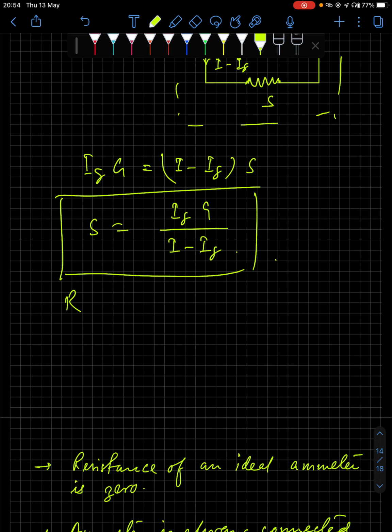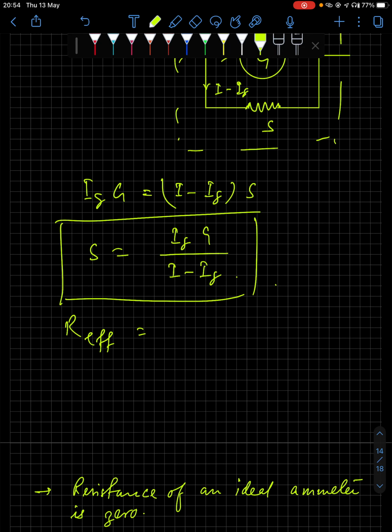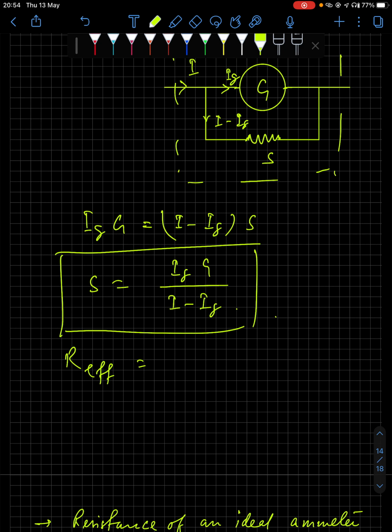After having the value of the shunt, what is the effective resistance? Since this is a parallel circuit, the relation is 1 by R equals 1 by R1 plus 1 by R2, and R equals R1 R2 divided by R1 plus R2.